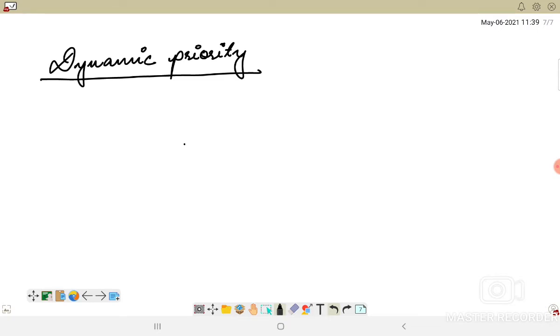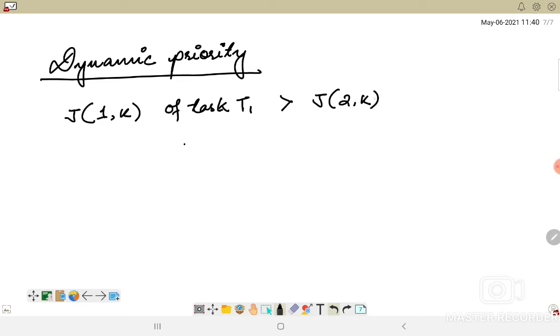More formally, if we have job 1,k of task T1 greater than job 2,k of task T2, then this next instance need not have the same priority.